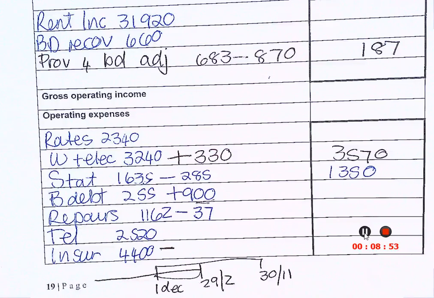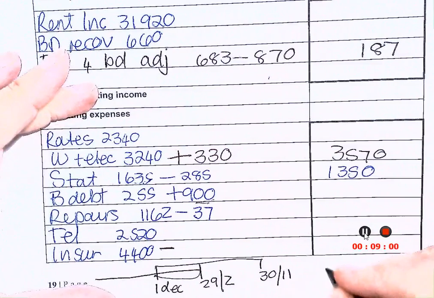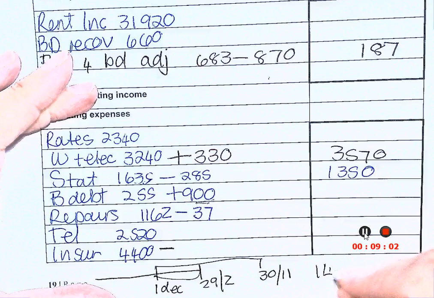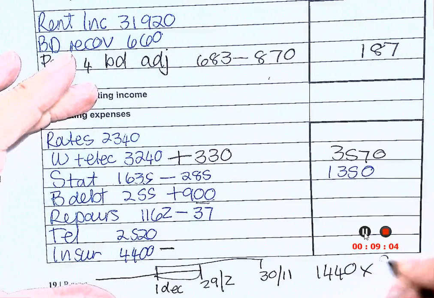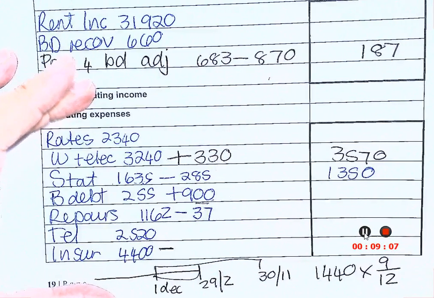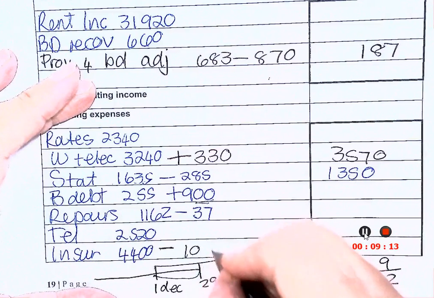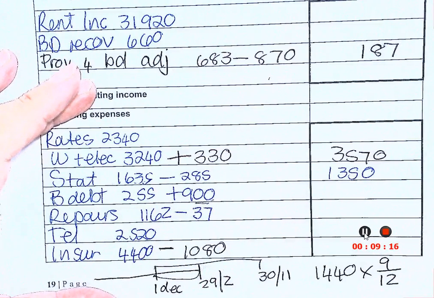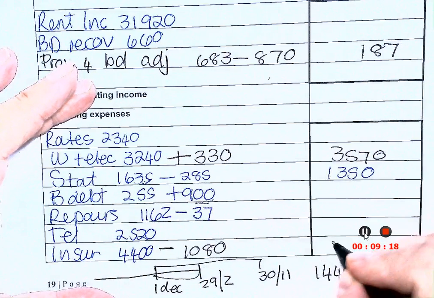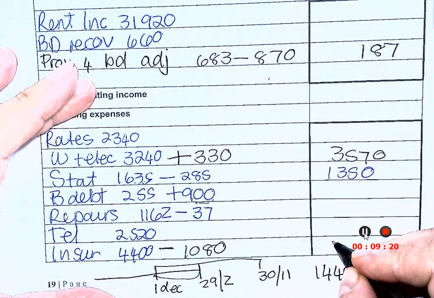So how many months is in advance? 9. 12 minus 3 gives me 9. So I take that for 1440, 9 months in advance, and that gives me 1080. Okay, so my insurance is going to be 3320. Is it right?